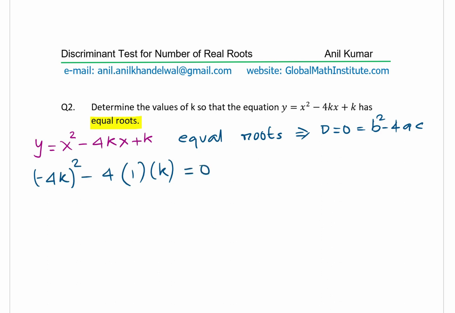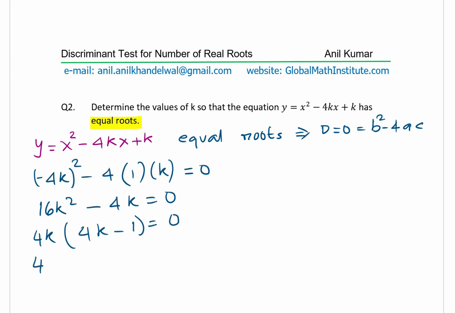So in this case, we are going to learn how to solve an equation. 4 squared is 16, so 16k squared minus 4k equals 0. We can take 4k common now. So we get 4k times 4k minus 1 equals 0.